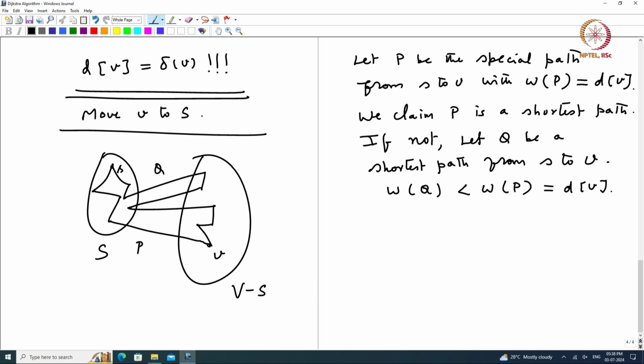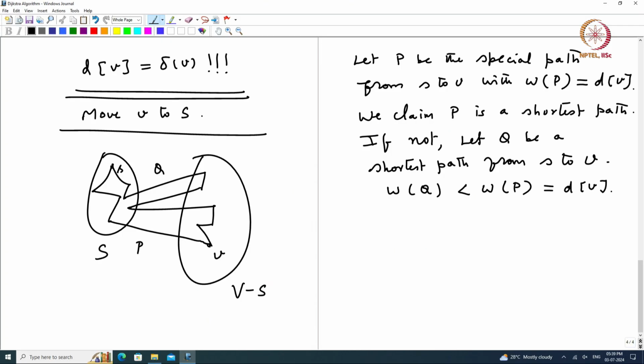Q is starting from S, it goes and then reaches V. Because the path has to reach V, it must have one crossing edge. The path Q can't be completely contained in S, that is not possible, because V is in V minus S. Q has to go out of S at some point. It may come again and it may go, that does not matter, but it has to go out at least once.